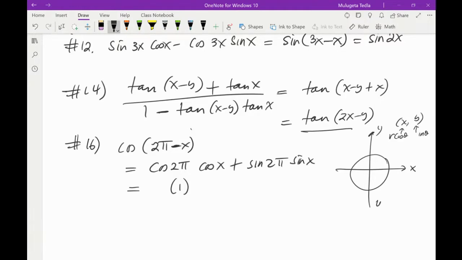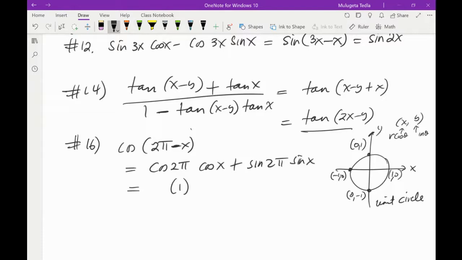That's why I'm calling it the unit circle. Unit circle means a circle with radius 1. So here is 1, the point is 1, 0. Here the point is 0, 1. Here the point is negative 1, 0. Here the point is 0 and negative 1.